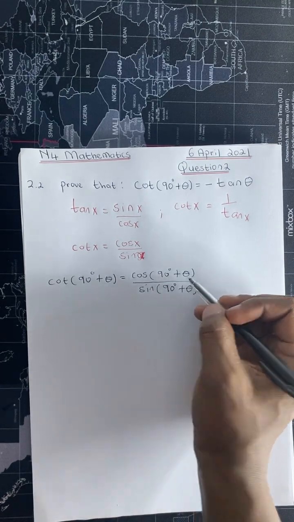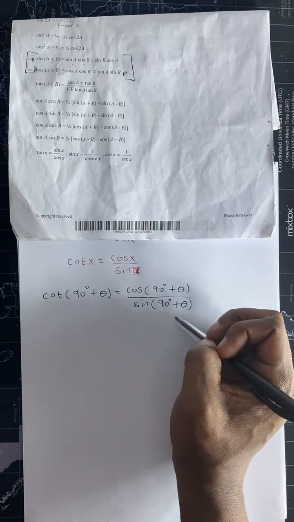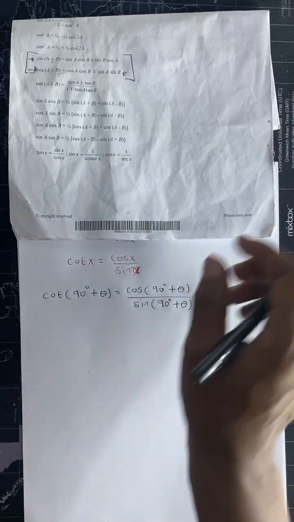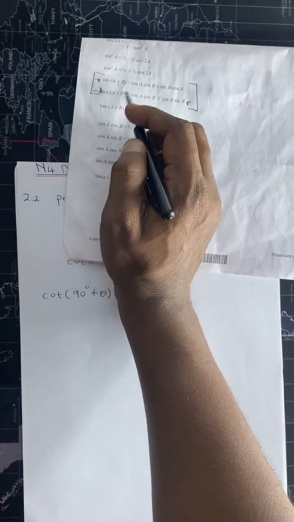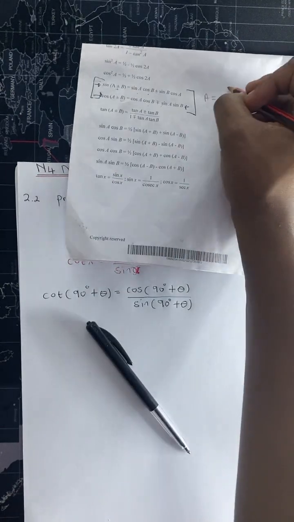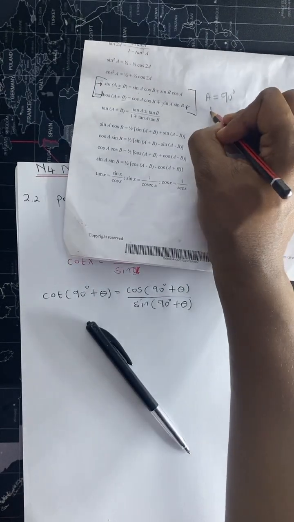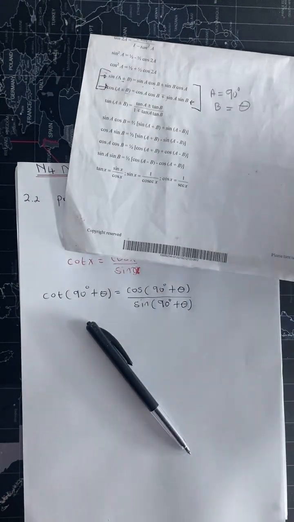And we will use our formula sheet to determine the cos of 90 plus theta and the sin of 90 plus theta. On our formula sheet, we are given in the form of a and b. So a will be equal to 90 degrees and b will be equal to theta.